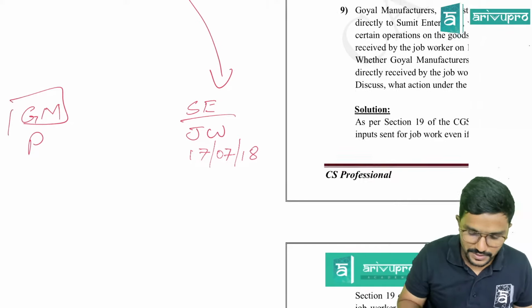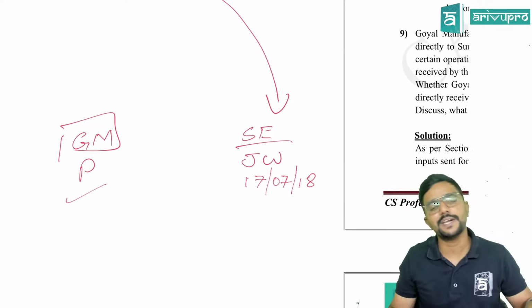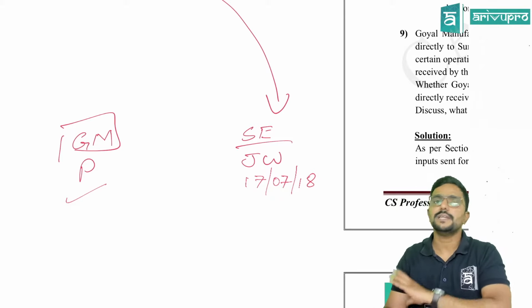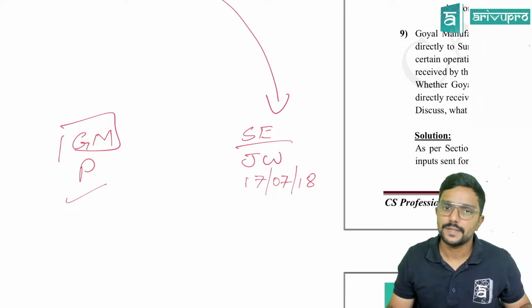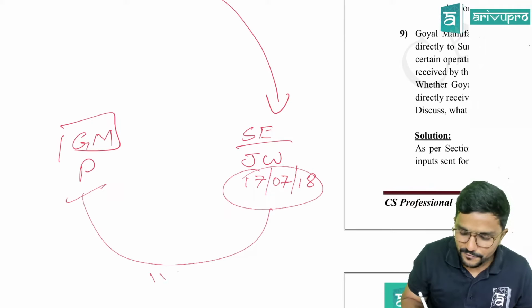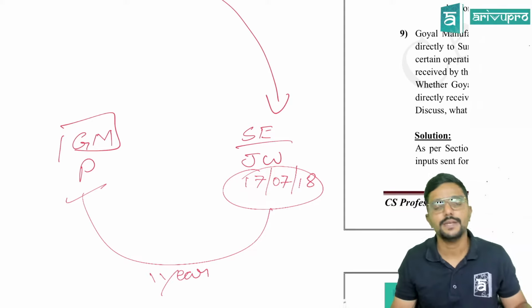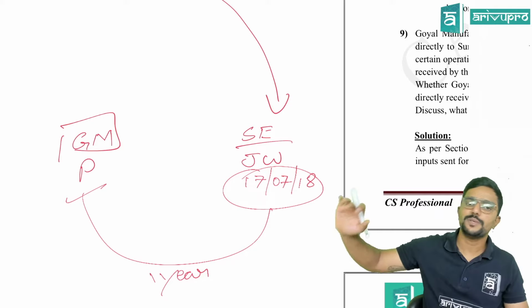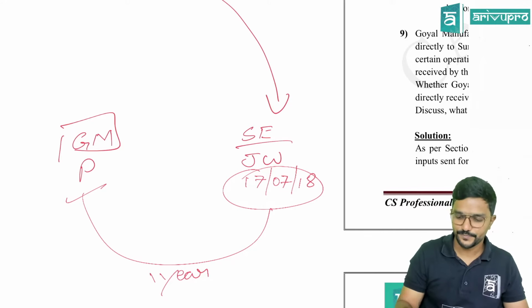Now the question is, can Goyal Manufacturers claim the credit on these goods which are directly sent to the job worker? Yes, they can claim it. But they should make sure that within 1 year from 17th July, it has to be returned back by the job worker or it has to be sold from the job worker's place.